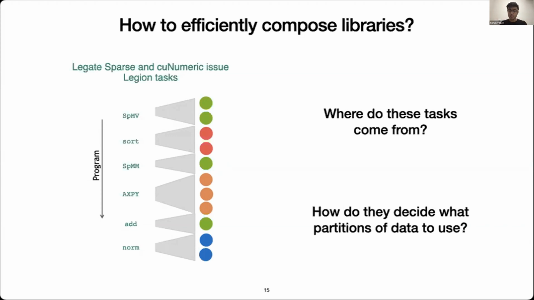And the way that Legate core helps negotiate this is to have this way of defining tasks that is both composable and maintainable. And the idea here is to use something called constraint-based parallelism to share partitions across library boundaries.